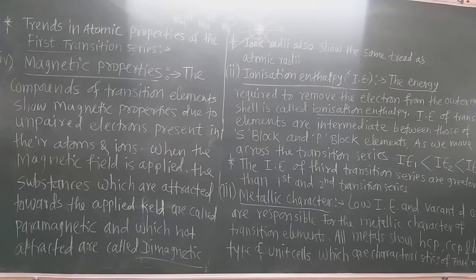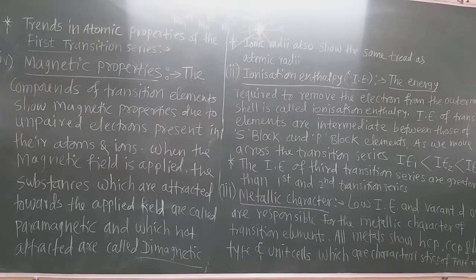In 11th standard I told you already about this. Paramagnetic elements or compounds have unpaired electrons in their outermost shell. And if the outermost shell contains paired electrons, then there is no question of paramagnetism, and those elements are called diamagnetic elements.